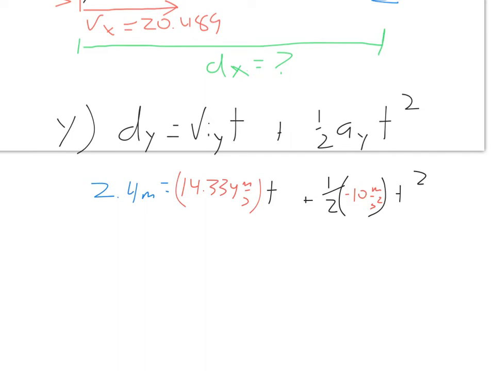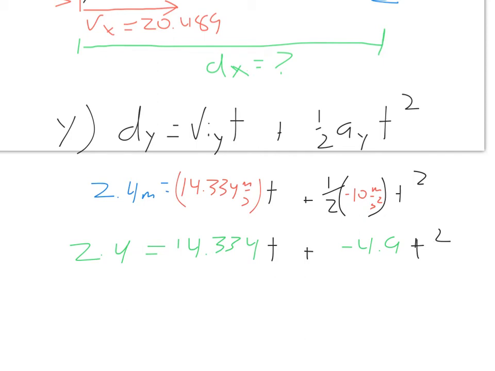Now just to clean this up a little bit, 2.4 is equal to 14.334 times the time plus -4.9 times the time squared. Okay, and a little bit of rearranging.